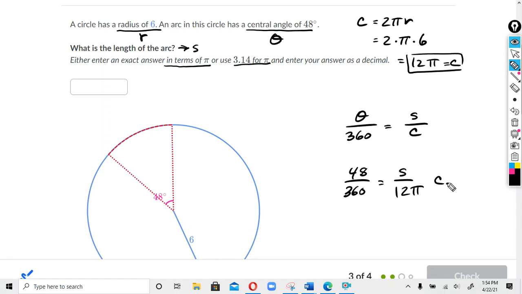Now we can cross multiply. Top times bottom is 48 times 12 pi. Bottom times top is 360 times S. In order to solve for S, we divide both sides by 360.